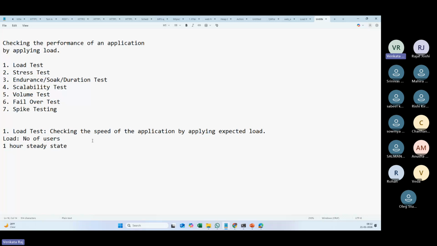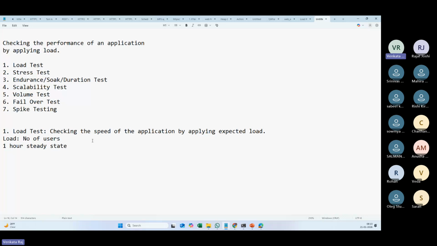Once all the 200 users have launched and logged in, we will verify how the application is behaving by continuing to run for 1 hour. So, 1 hour steady state.